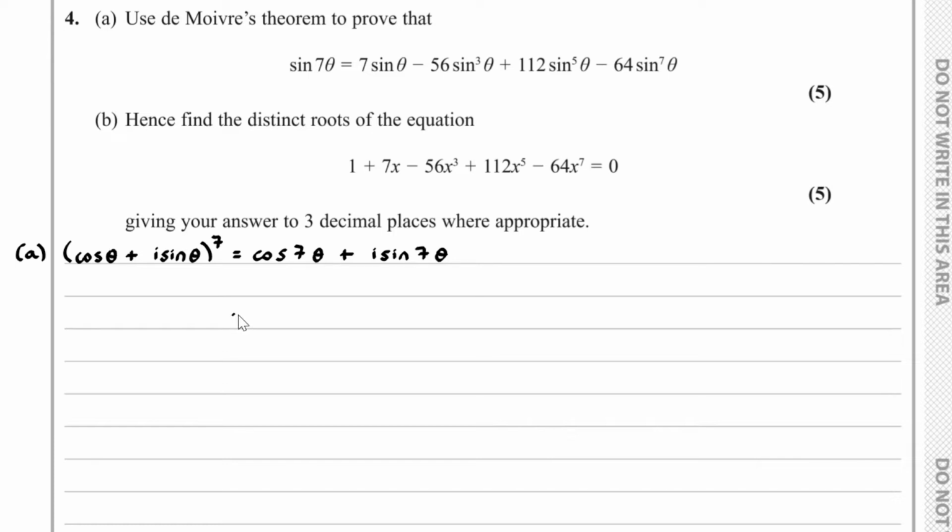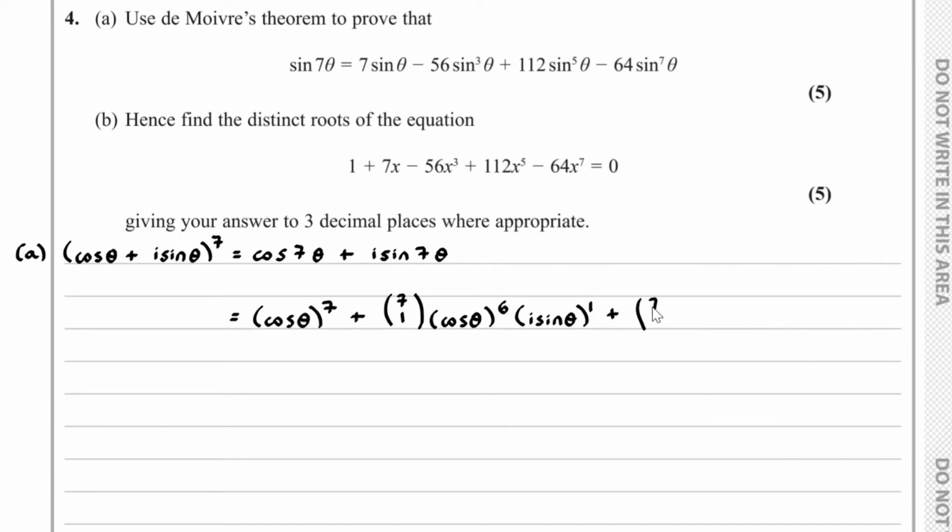So if we use the binomial expansion, first of all here you can see we have cos theta to the power of 7 plus 7 choose 1 times cos theta to the power of 6 times i sine theta to the power of 1.